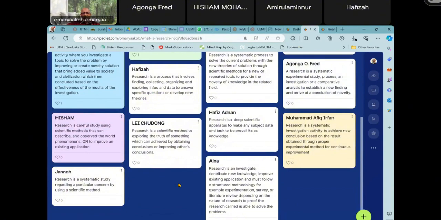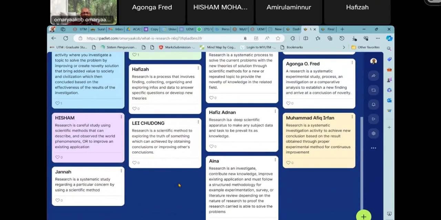Now, we go to our second last stage. Second last stage is for you, after hearing this, for example, some of those comments from your friends and so on, to read again your definition and see what is given by your friends. I'll give you another 2 minutes to make amendment to your definition.